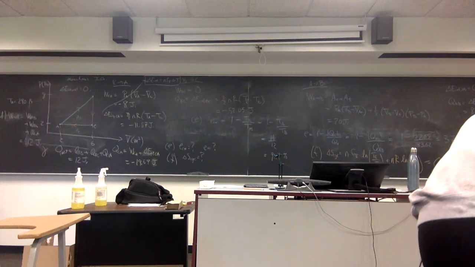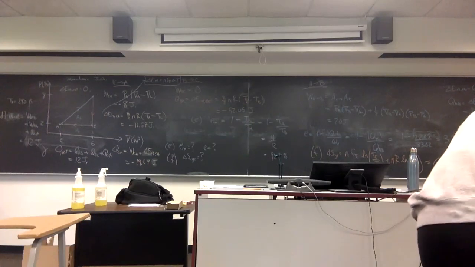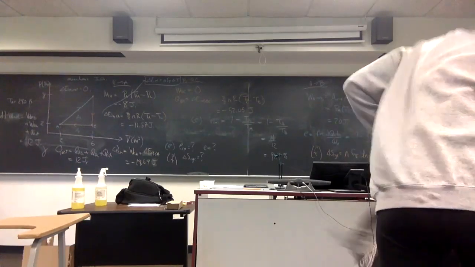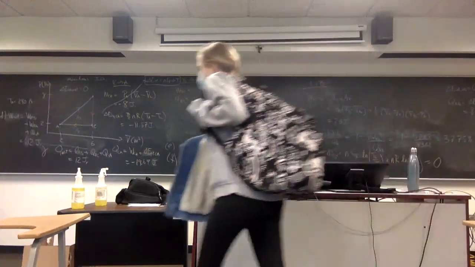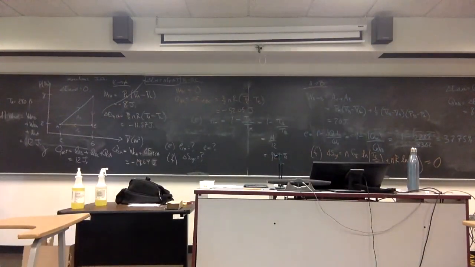So this is the relationship between A and C. What you know is that the temperature at A times the volume at A raised to the gamma minus 1 must be the same as the temperature at C times the volume at C raised to the gamma minus 1. And then from there, you're just solving for the temperature at C, because you know the volume at C is the same as the volume at B, you're given the volume at A, and you also know the temperature at A, which you're also given.